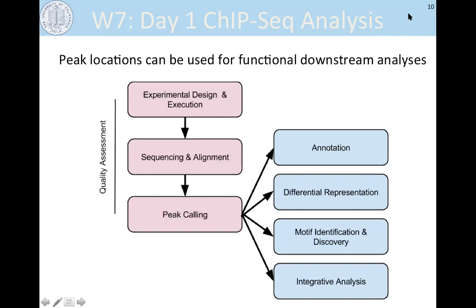I see there's a question in the chat. Can increased read depth potentially increase the risk for false positives or cross-linking artifacts? So read depth usually isn't related to cross-linking artifacts.